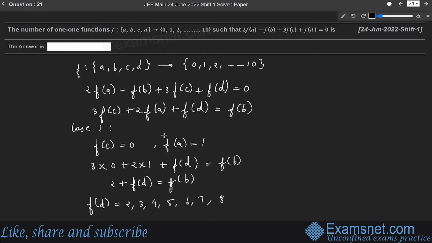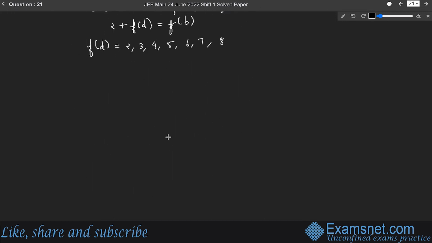Therefore, we can say that the total possible functions when f(c) is equal to 0 and f(a) is equal to 1 are 7. There are a total of 7 possible functions in this case.